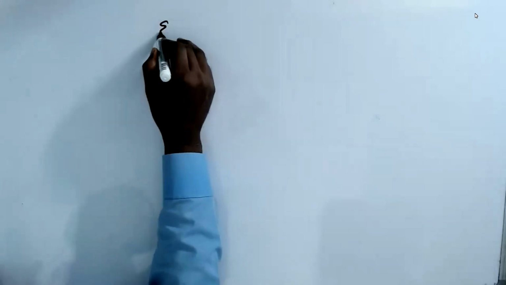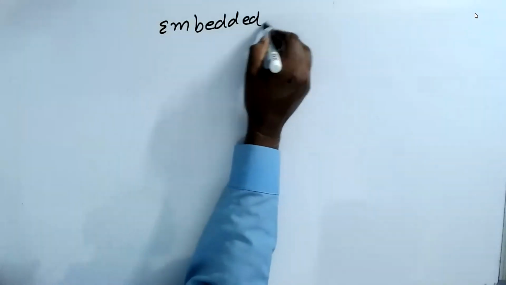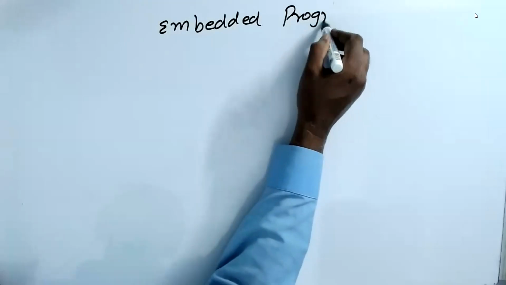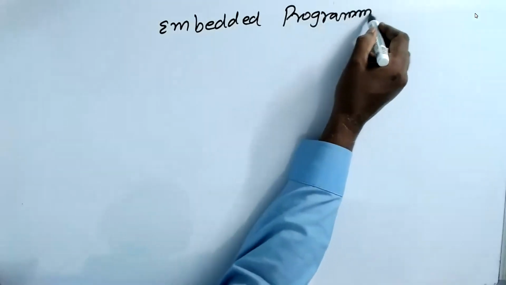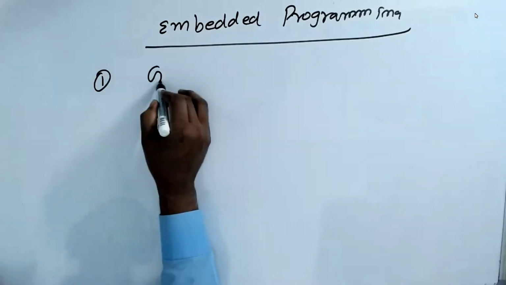As I always mention, we have multiple steps in embedded programming. The first step is GPIO.